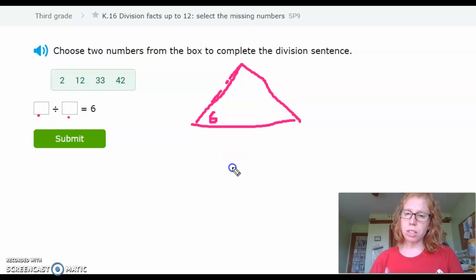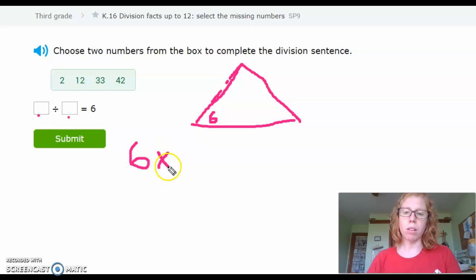Now, some strategies to help us figure out what numbers are going to go into these boxes. We could just do some simple multiplication and see how we could turn this problem around to solve it. Let's start with 6. 6 times something. Well, let's pick this first number, 6 times 2.